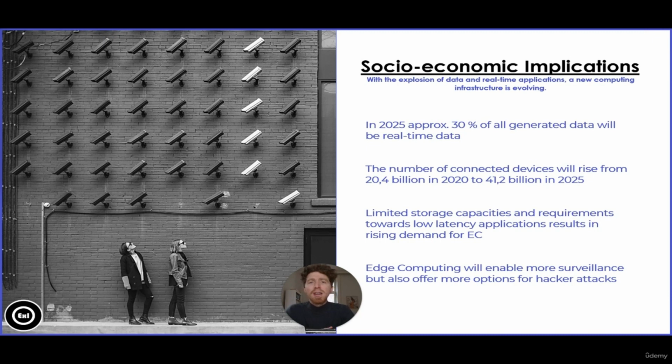And therefore, today's data centers and data farms are already getting to their limits. So you have these limited storage capacities and also the requirements towards low latency and super fast reaction times, which will result in an increasing demand for edge computing providers and edge computing applications.